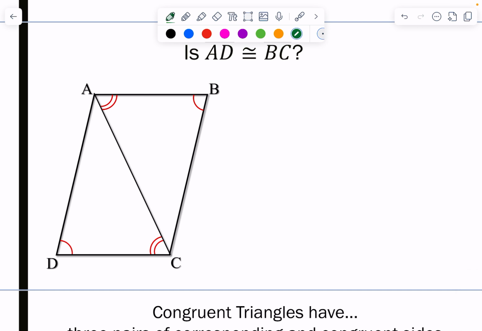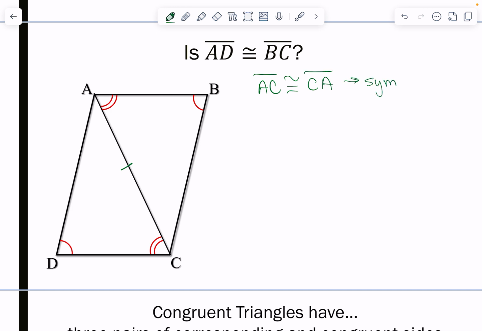Is side AD congruent to side BC? And the answer again, it looks like it should, but it's not marked in that way. But I do know that AC and CA are congruent, and that is by the symmetric property, which then would give me that triangle ABC is congruent to triangle CDA.